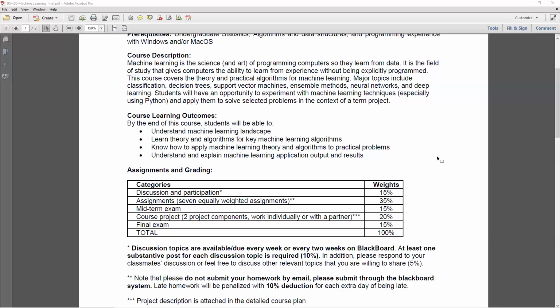We're going to discuss the term project shortly in a separate video so that you get a sense of what we're planning to do. In terms of the course learning outcomes, we mainly have four outcomes. Number one, you should understand the machine learning landscape, meaning what's out there.